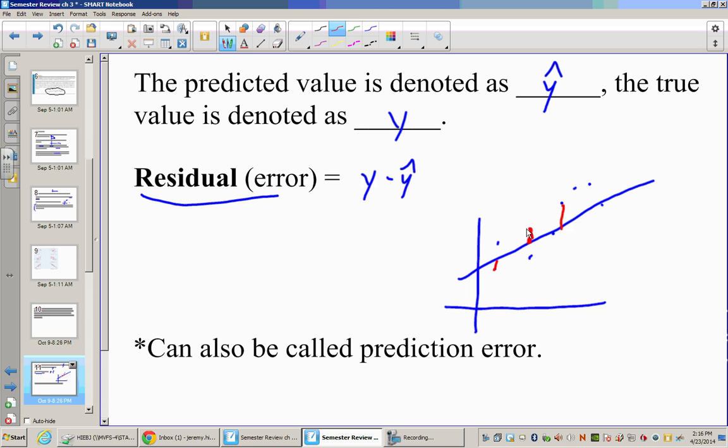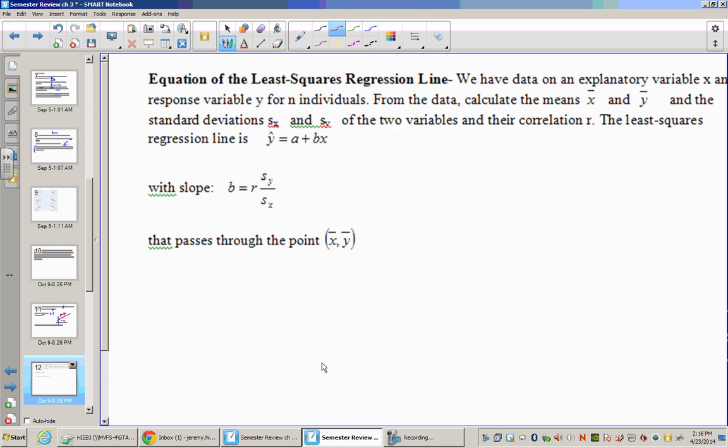If it's positive, it's going to be above the line. And if it's a negative residual, it's going to be below the line. So if you're wondering whether you do y minus y hat or y hat minus y to find the residual, just think about whether that point is above the line or below the line. And that can help you determine the answer for that.